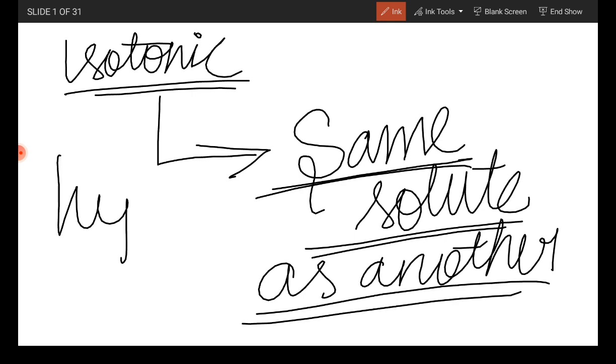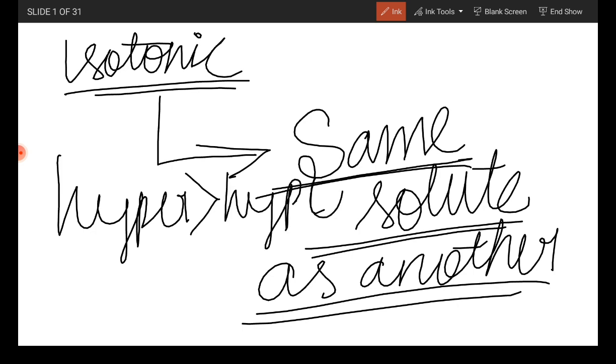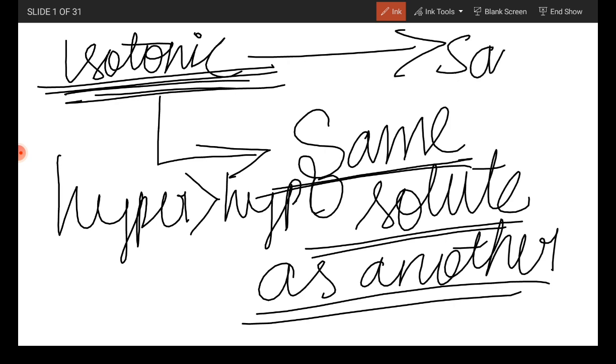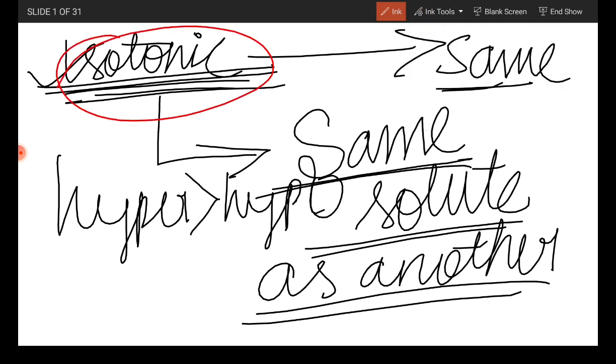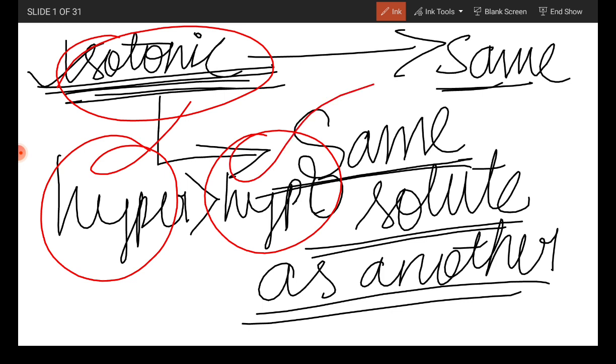Hyper means high, hypo means low, iso means the same. These are the meanings of these three terminologies.